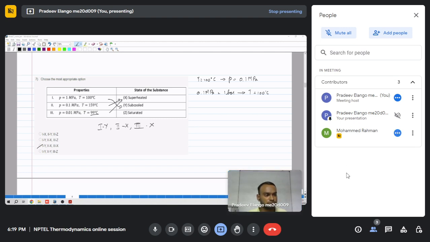By just seeing the temperatures we are choosing the options, or considering pressure also.